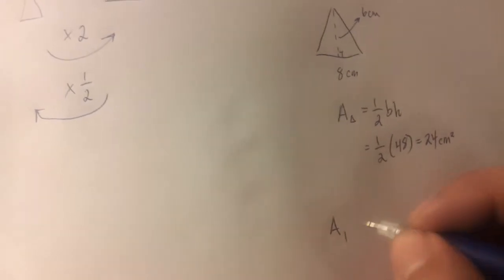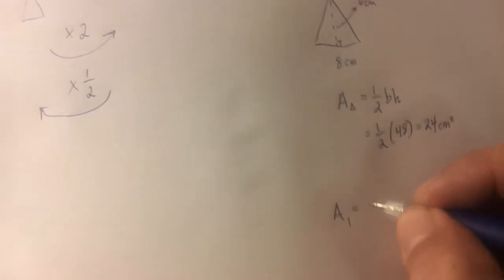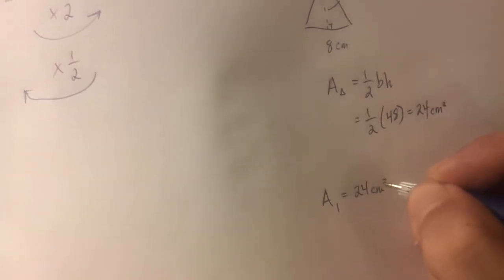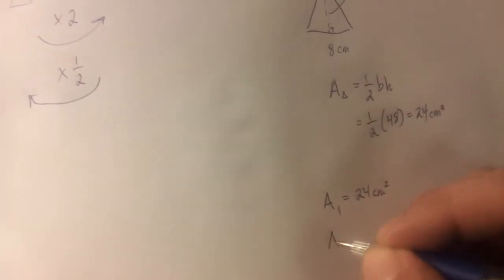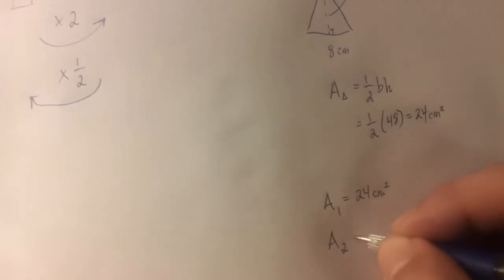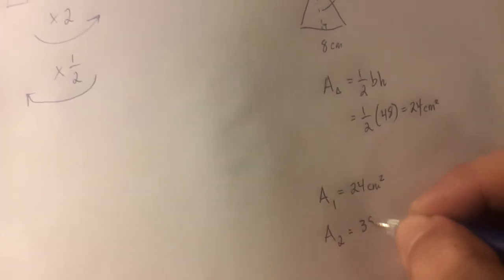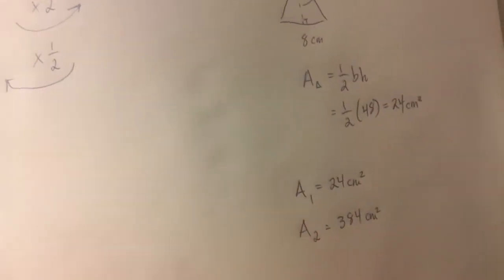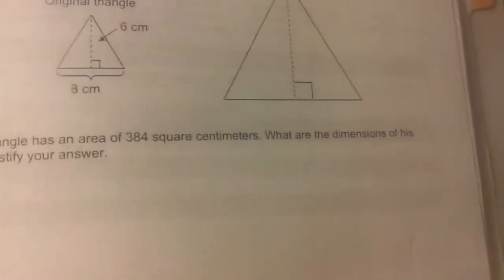We've got the first area, which is 24 square centimeters, and we've got the second area, which is 384 square centimeters. Just check that. 384. Okay.